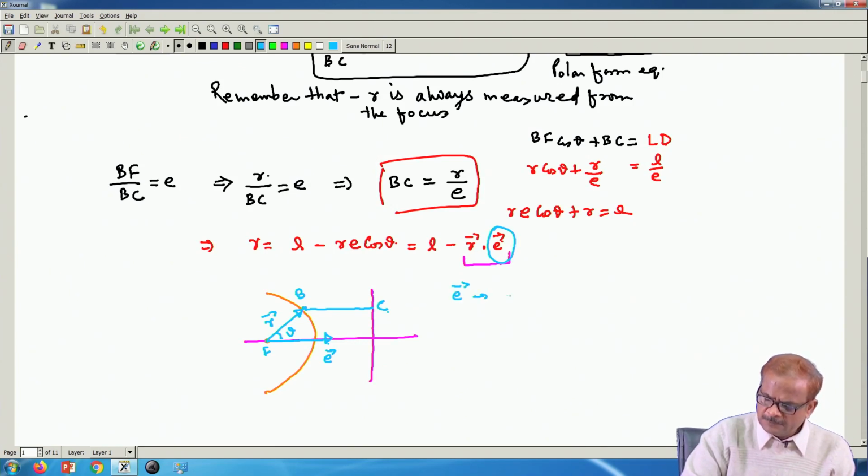So, eccentricity is called the eccentricity vector.